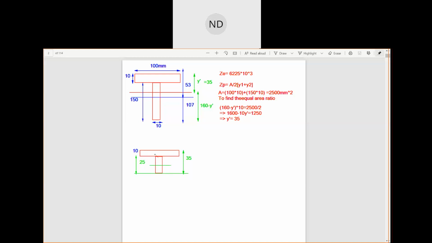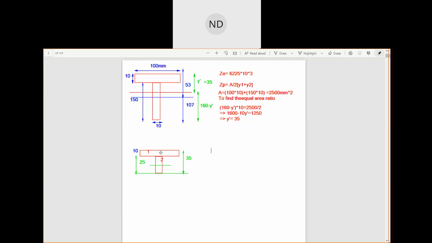Now we have here two members, 1 and 2. This is your first member and this is your second member. So now what will be your y1?